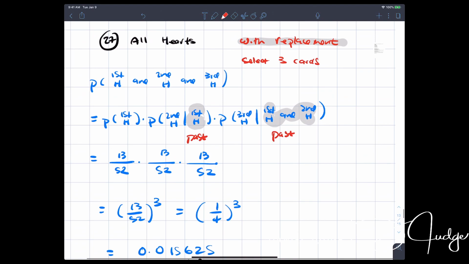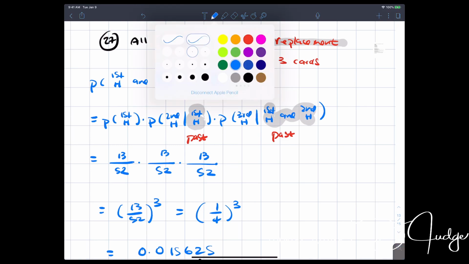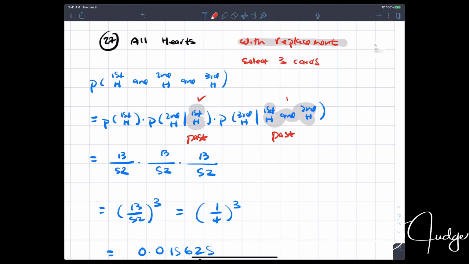Remember these questions, like 27 and 26, with replacement? With replacement, notice what's going on here. These conditions that we just talked about, these things that are known, these things that have happened, have no effect on the chance of the present.